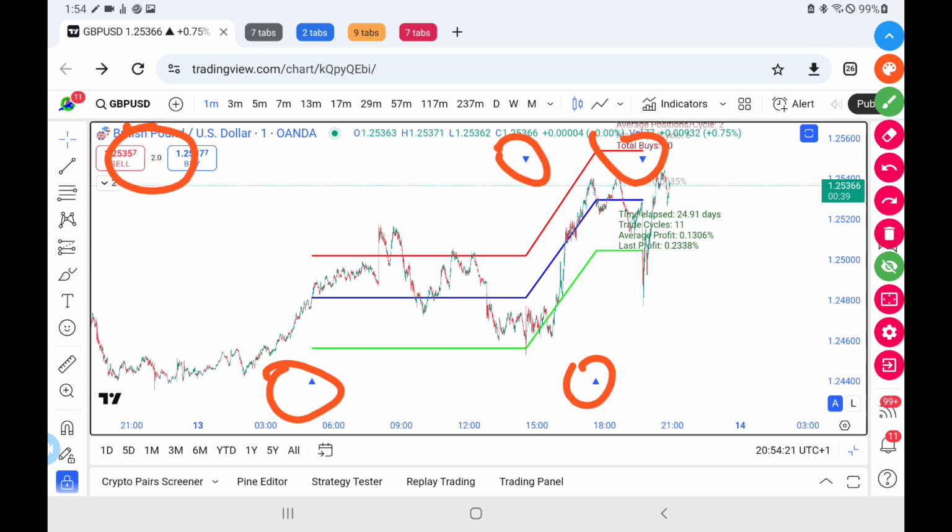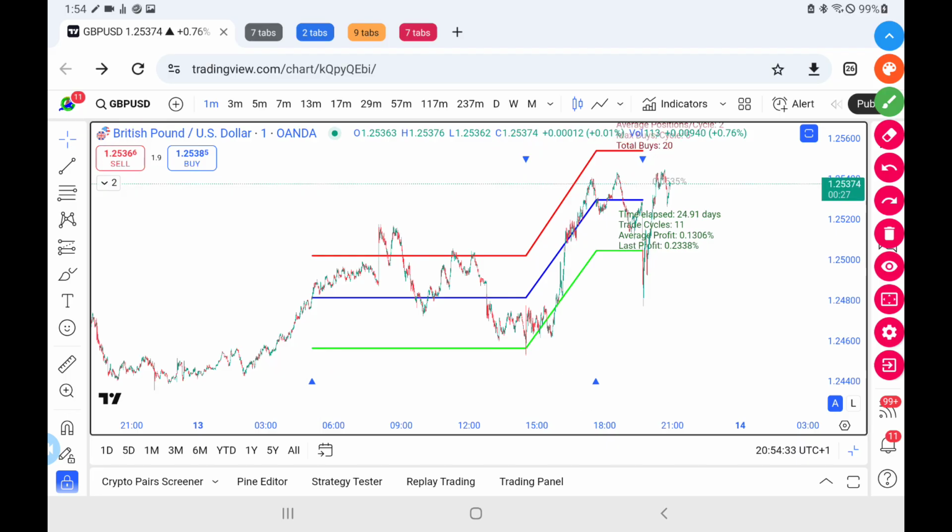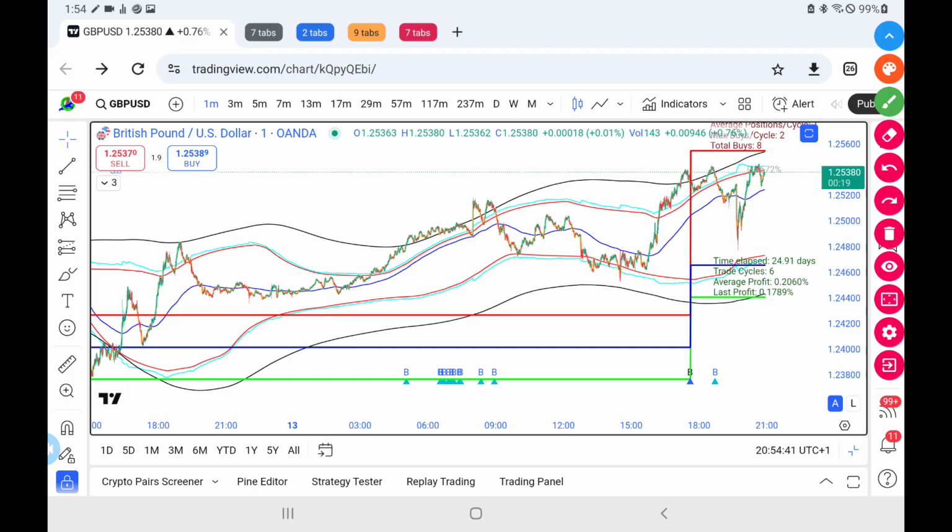But what if I wanted better trades? What if I wanted to be able to hone this down even more? Well, there's an easy way to do that. And in fact, I have a graph or a chart where I have done just that.